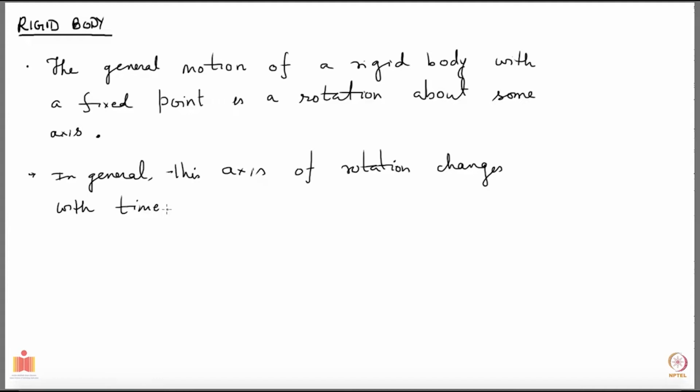Let's say at the instant I'm looking at the body, it is rotating about this axis. That's the direction of rotation. And let's say this is a point of the body, I call it point P, and this is the origin of the body coordinate system.